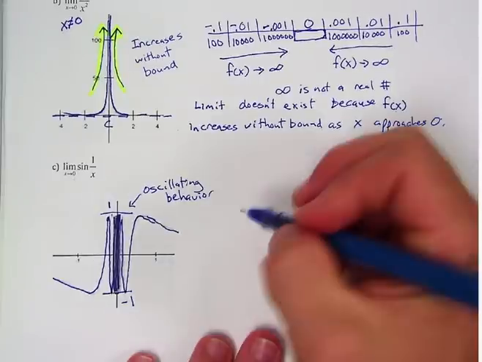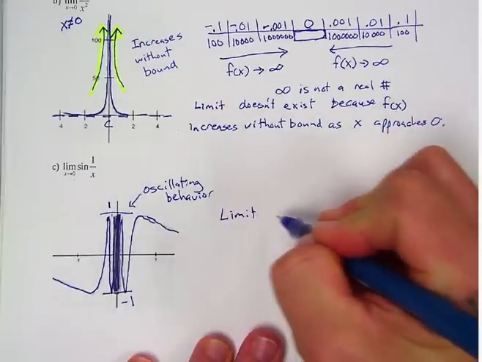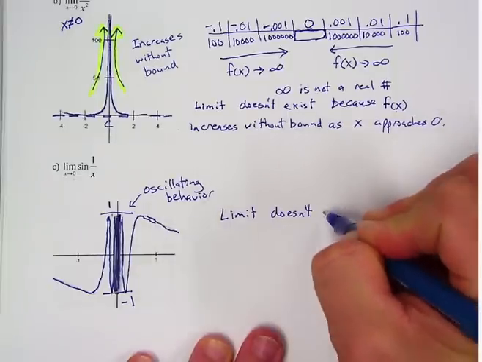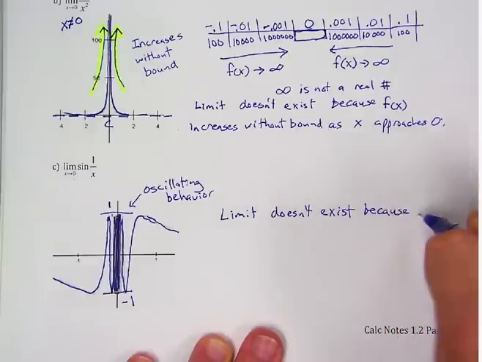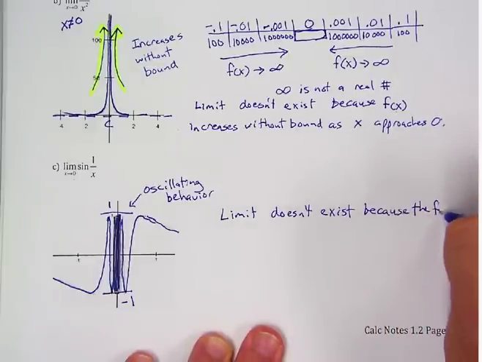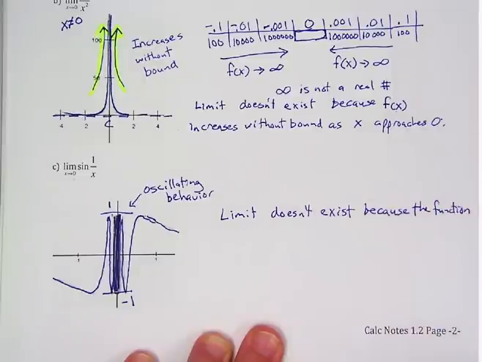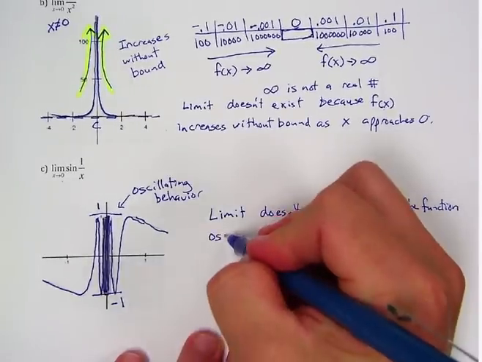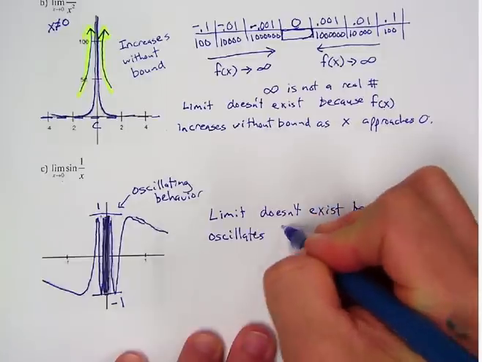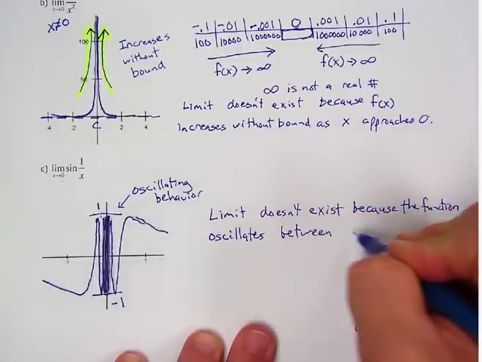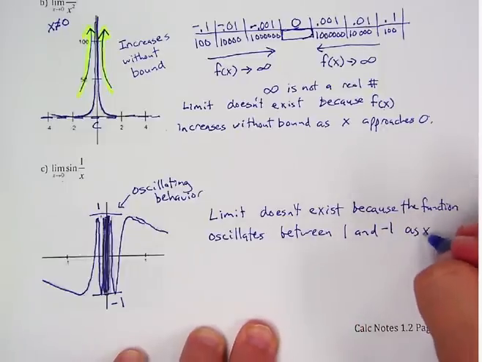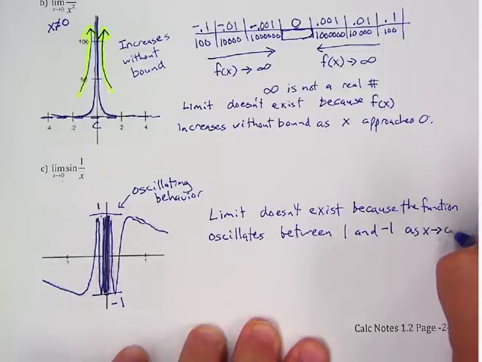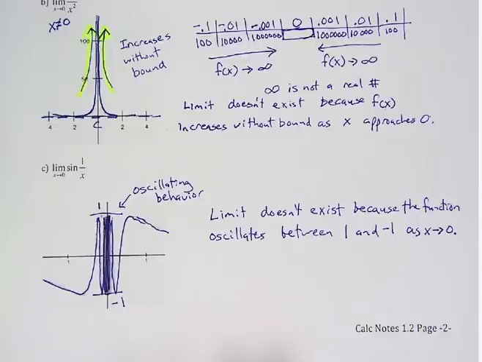So for now, you can just say limit doesn't exist because the function oscillates between 1 and -1 as x approaches 0. And you can leave it at that.